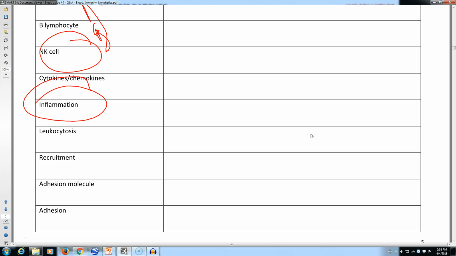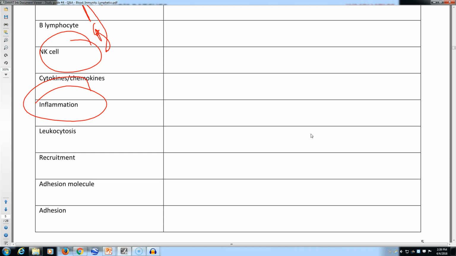Those leukocytes, mostly neutrophils and monocytes, enter the circulation. Then they recognize the site of inflammation by adhesion molecules. They roll, they adhere, they go through diapedesis and enter the tissue, and then following the positive chemotaxis, they get to the site of inflammation.